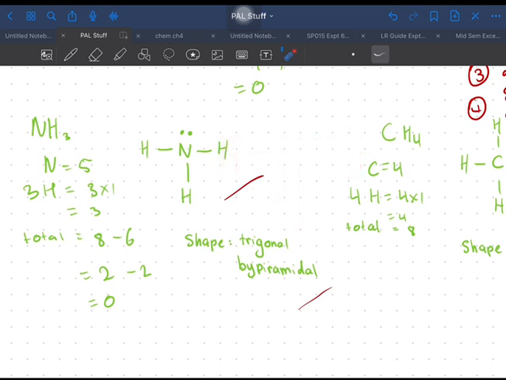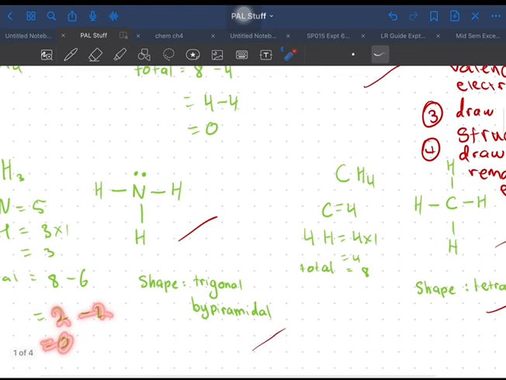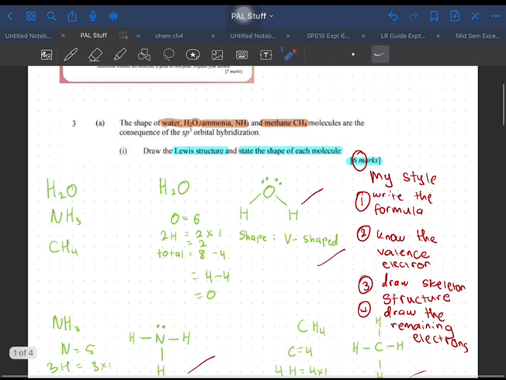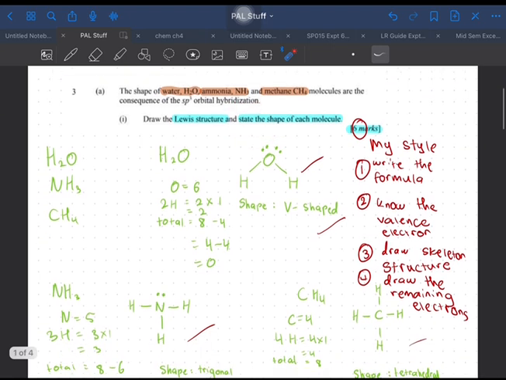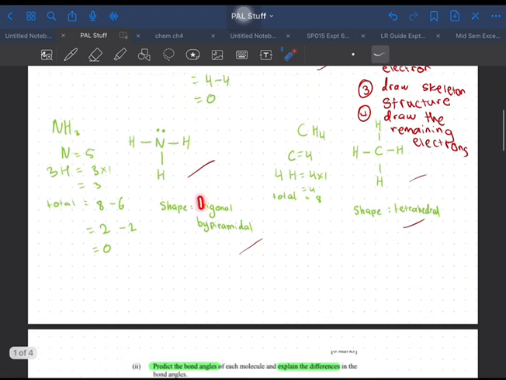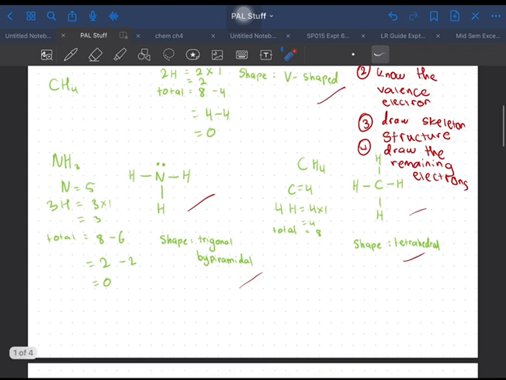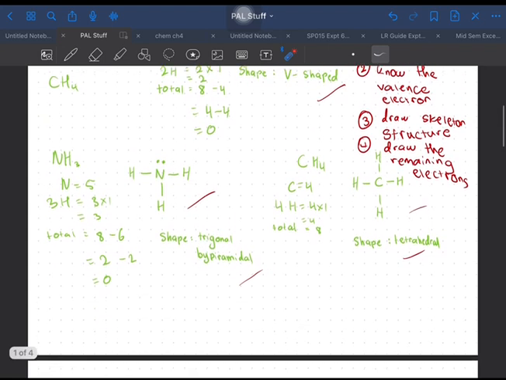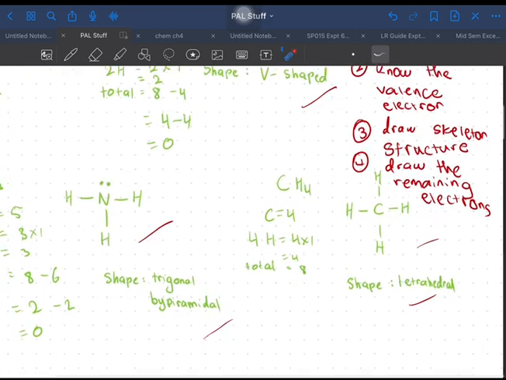So we draw it like this, as one lone pair. So 2 minus 2 equals 0. Next, the same thing, state the shape of each molecule. So this is trigonal bipyramidal. And we just have to memorize.